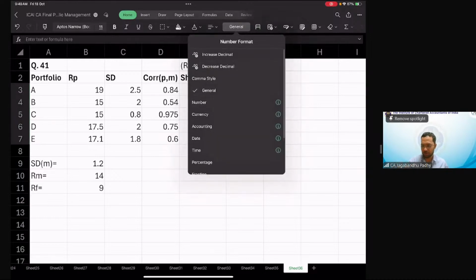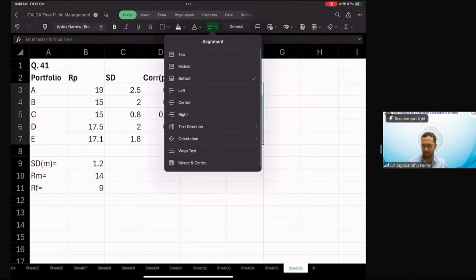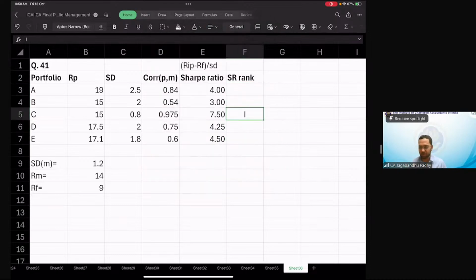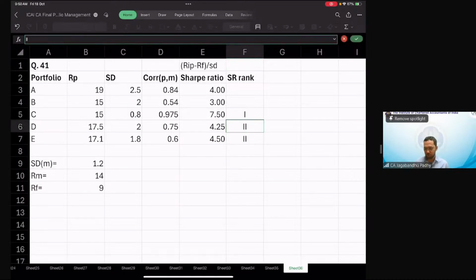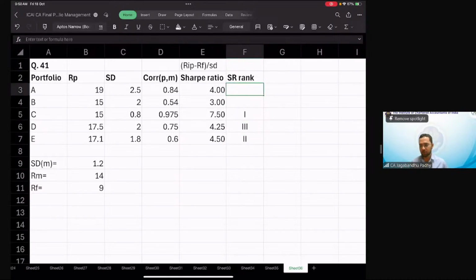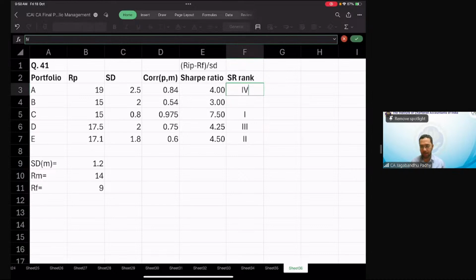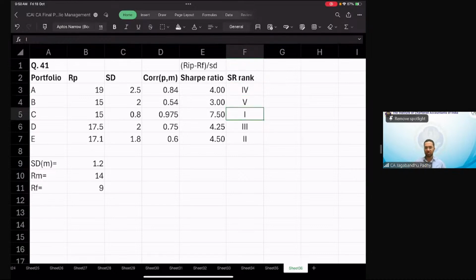It's giving you better return for every unit of standard deviation that you have taken. The second ranking goes to portfolio E. Third ranking to portfolio D. Fourth ranking to portfolio A. And the last, portfolio B, is the worst performer of all of them.